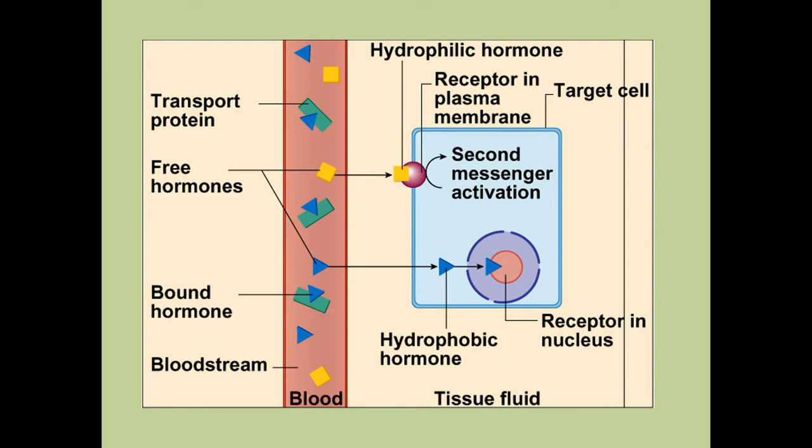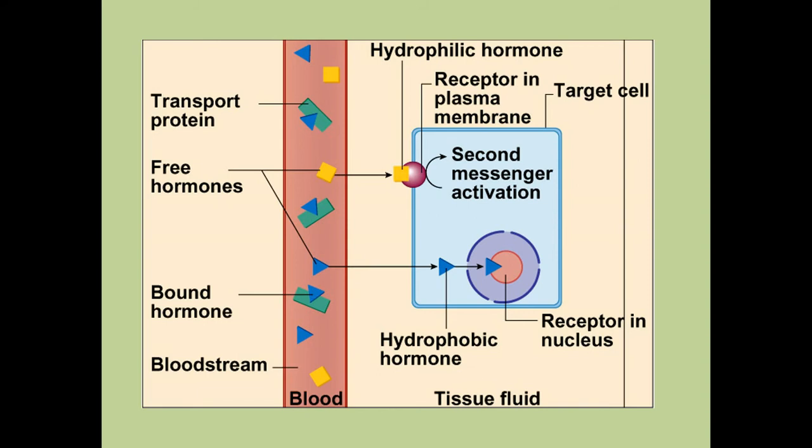Now let's look at the yellow square hormones. Those represent hydrophilic hormones. Hydrophilic means water-loving. They're protein-based hormones. Because they're water-loving, they can travel in the blood plasma, and they can freely leave the blood and go over to the target cells. But once they're at a target cell, they've got a problem.